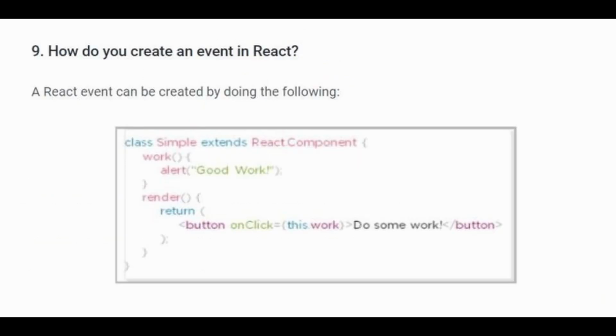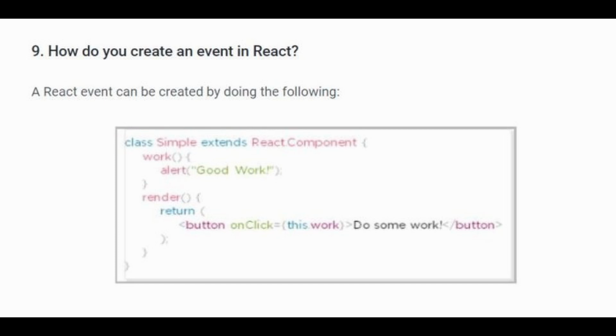Now we can see the syntax of the event. Here we have created a class React component, and in the return statement we are using this.work. If we create a class React component, we need to use this.work, and that work function we can define in the same class.